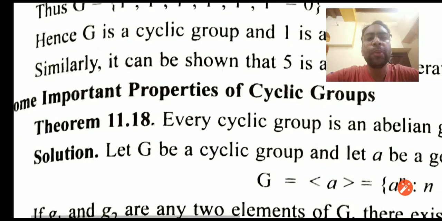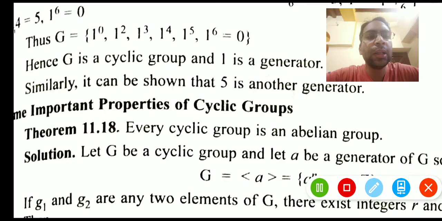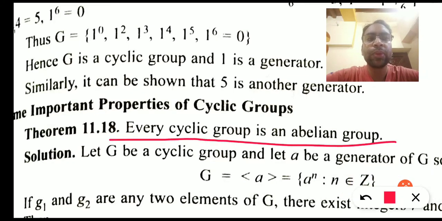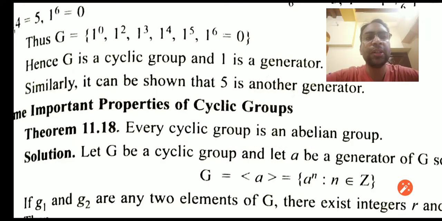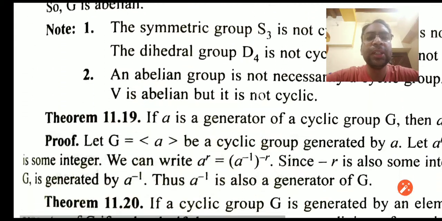Some important properties of the cyclic group. One property is that every cyclic group is an abelian group. You must be aware of the abelian group; go back to the lectures and see what we have talked about, or try to see the definition of the abelian group. So every cyclic group is an abelian group.